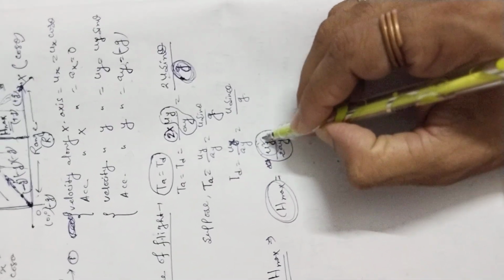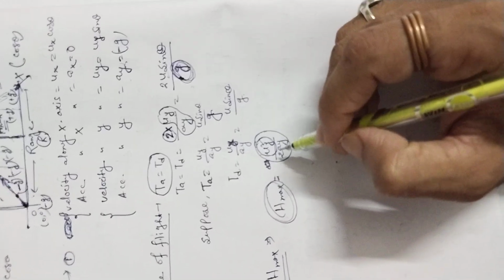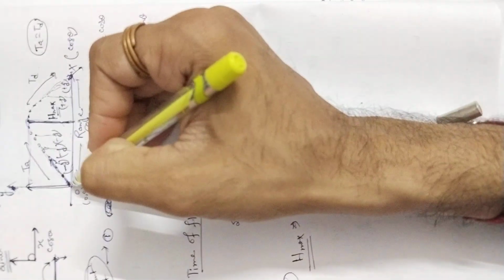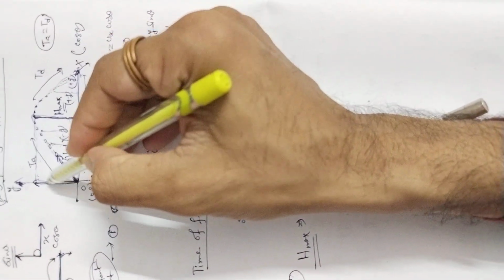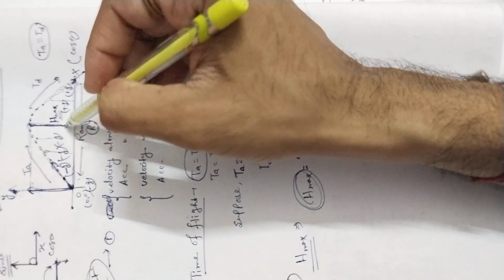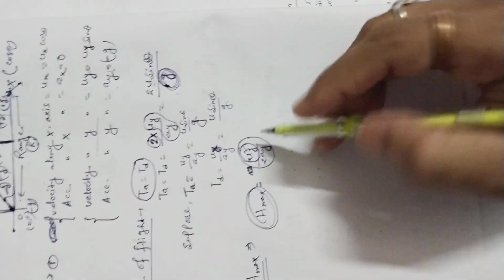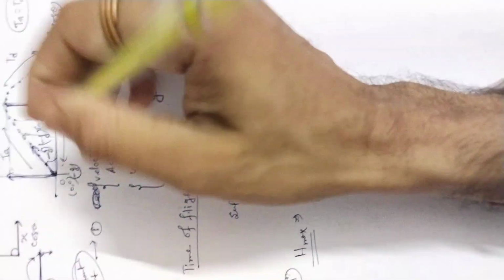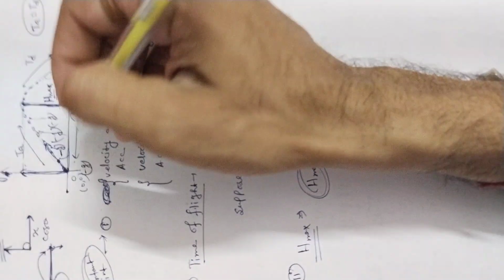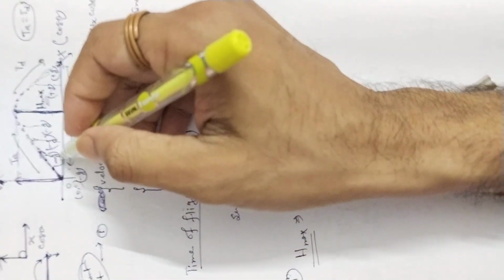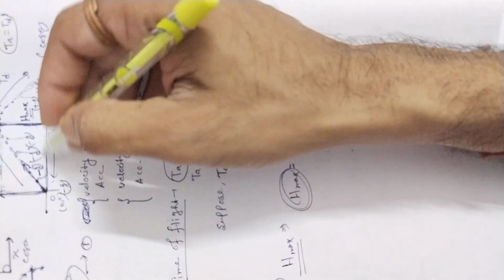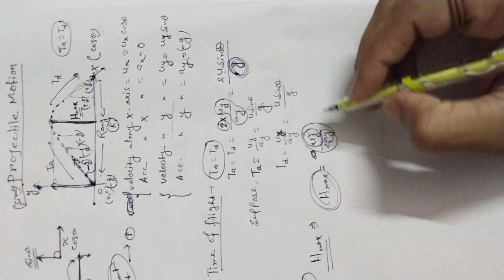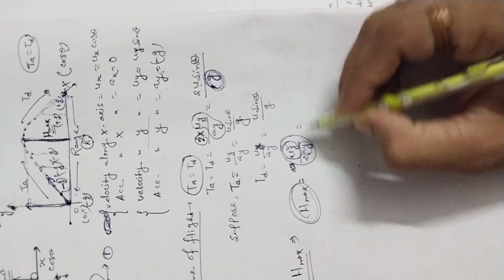Sir, why is it uy square? uy means along the y-axis, uy two times, uy square, by 2 into ay, which means the particle is pulled downward. Every time it is coming in the downward direction, so g is over here minus of g. So this is uy square by 2ay.